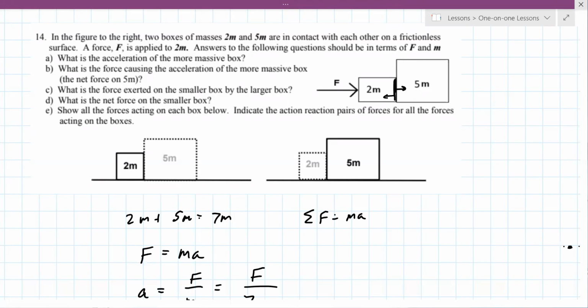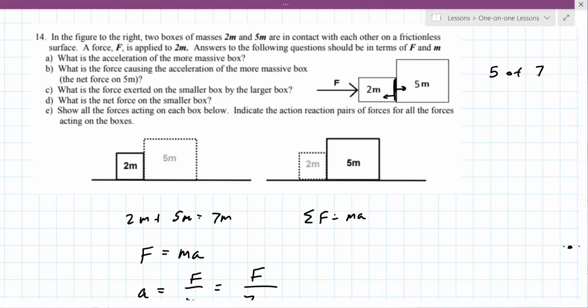It's a ratio thing here. We're talking about the more massive box here. The more massive box is 5 of the 7. Do you agree with that? I do.